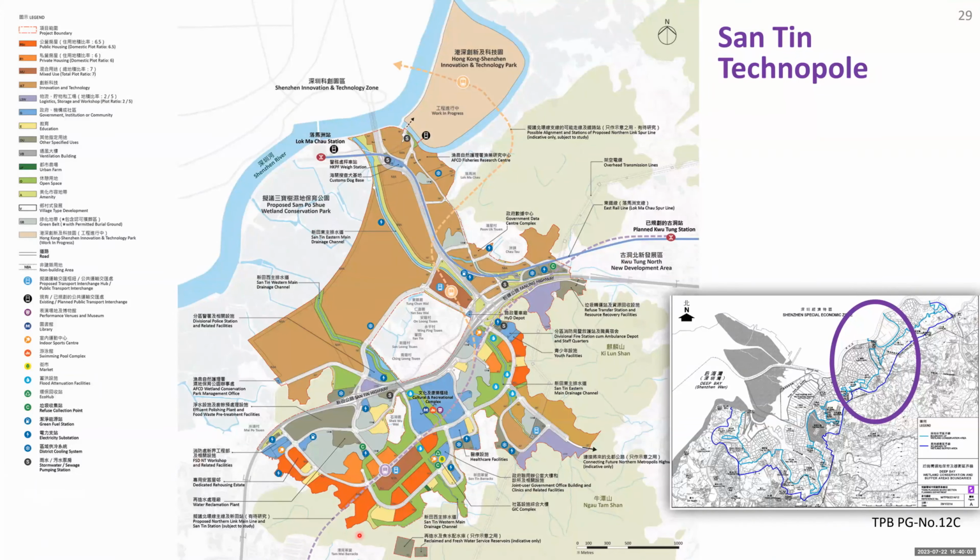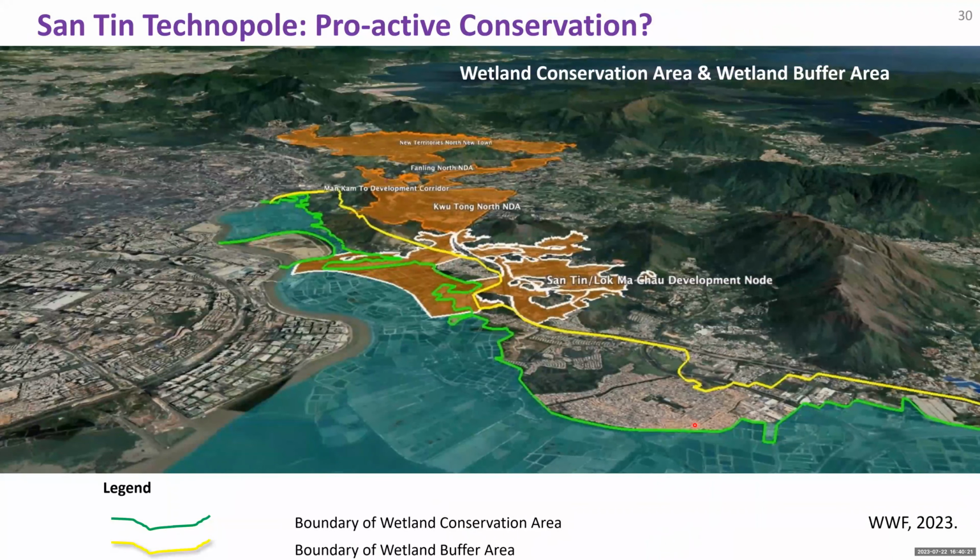You can see this technology zone actually eats into the conservation belts, and of course the whole plan eats into all this buffer area. So this is another way of seeing how the plan encroaches into the conservation areas and also the buffer area.